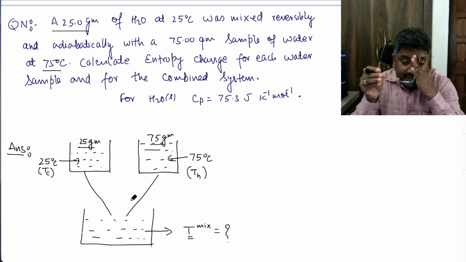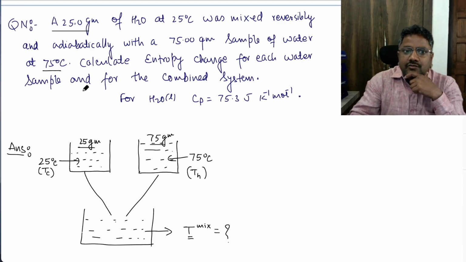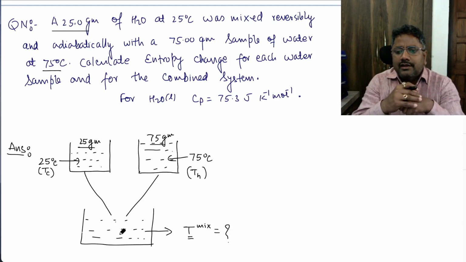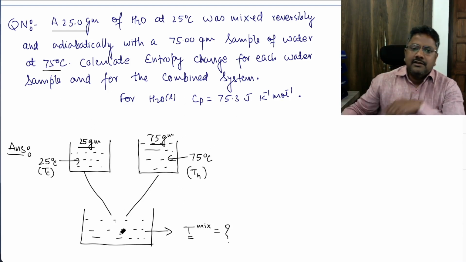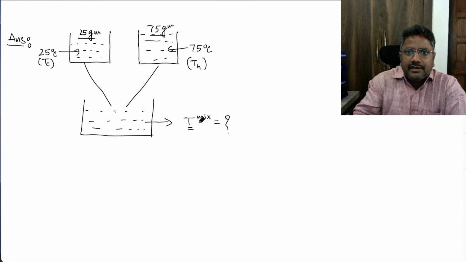See, in the question it is asked, calculate the entropy change for each water sample, and for the combined system, right? So if you add these two, you will get the final result. We can calculate the final temperature by using this concept.